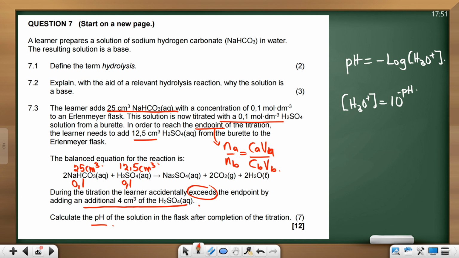Now, it says, calculate. This is how I do mine. Memos will confuse you and not tell you where to start from. Let me help you diffuse that memo now. It says, calculate the pH. This is where I start from, guys.